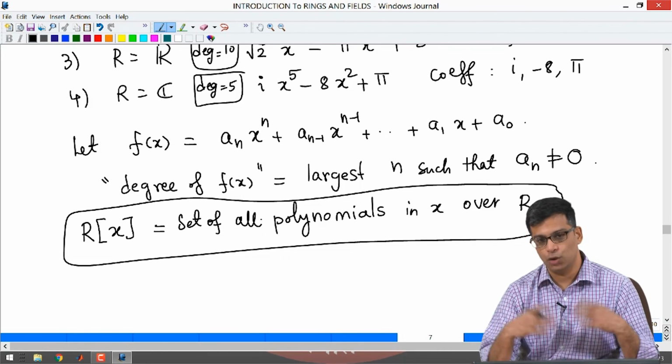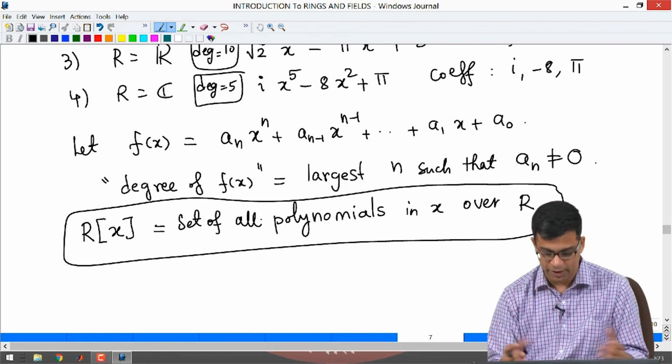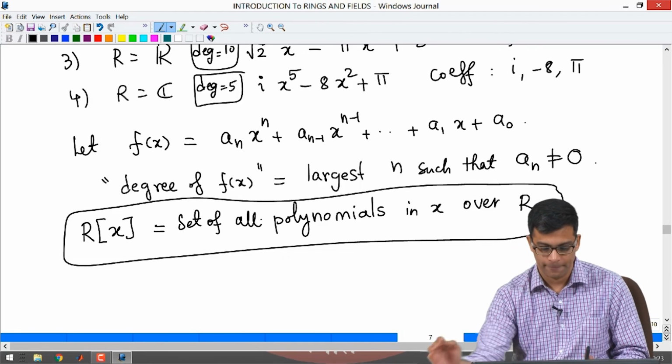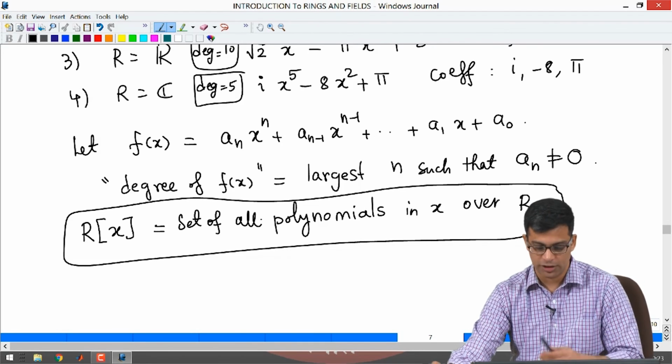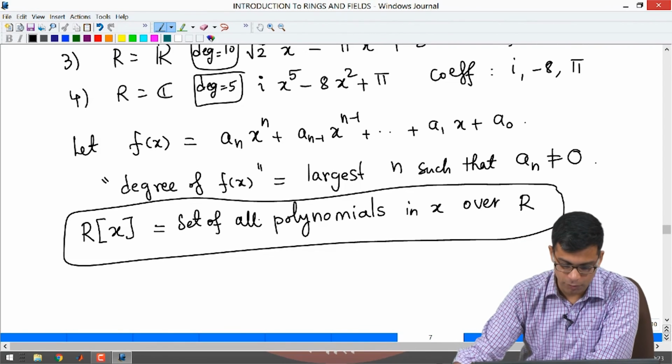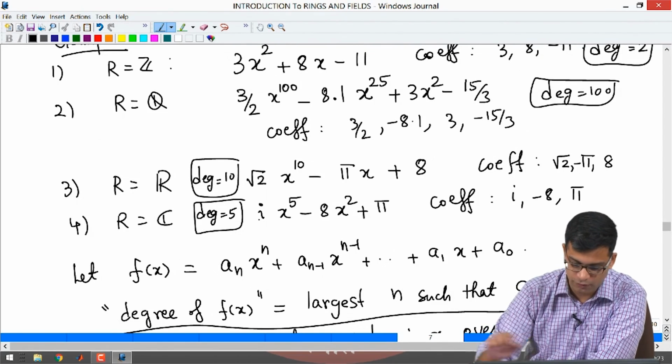So, it is really a huge set, even if R has only finitely many elements. For example, Z mod 3Z or Z mod 2Z have only 2 or 3 elements, so the set of coefficients you can get is finite.